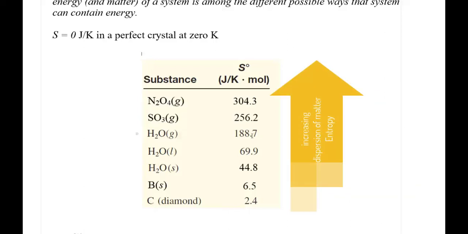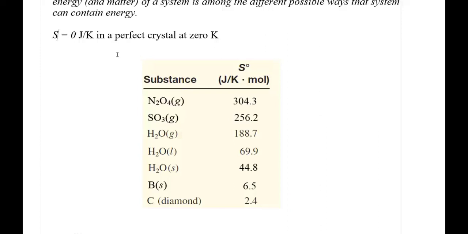And in the table that I was looking at in our textbook, the highest randomness of molecules was dinitrogen tetroxide, which is almost as difficult to say as thermodynamically favored, which it is, because it has an entropy of 304. And notice I said it is favored, even though energy is conserved.